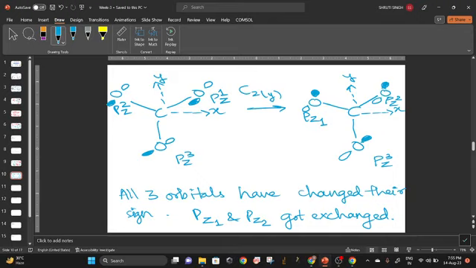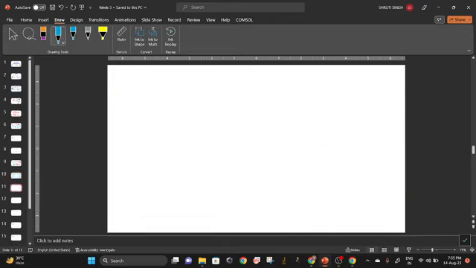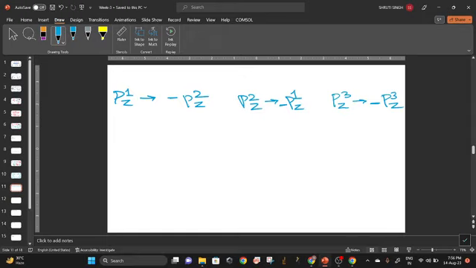So if I write the sign change as negative, pz1 is becoming minus pz2, pz2 is becoming minus pz1, and pz3 is not changing to any other place, so it is remaining pz3, but it is changing the sign, so I am writing it as a negative one.